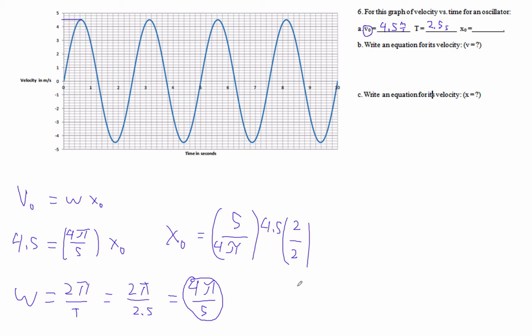So 2 times 5 is 10, times 4.5 is 45. I don't need a calculator. 45 over 8 pi. I don't think that can be simplified. Okay, so that is our maximum x, right? So this guy is 45 over 8 pi.